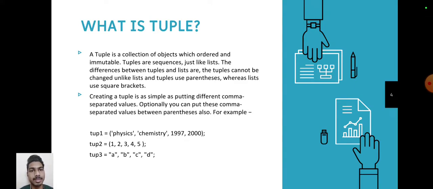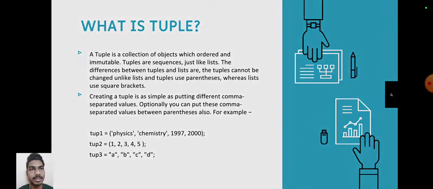Here is another example. tuple2 is equal to, open parenthesis, 1, 2, 3, 4, 5. And here is another one, tuple3, double quote A, comma, double quote B, comma, double quote C, comma, double quote D.